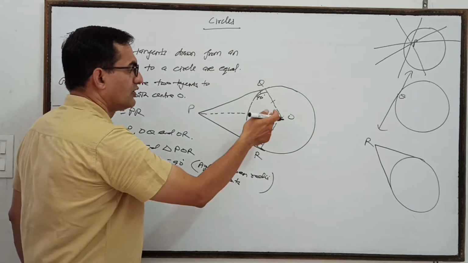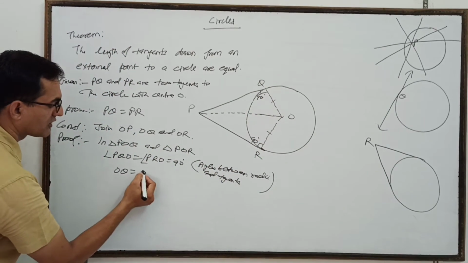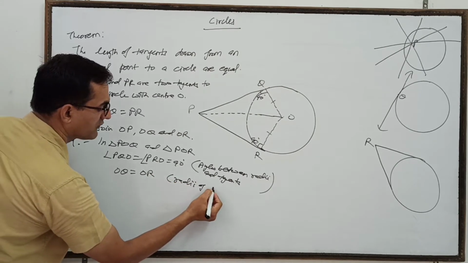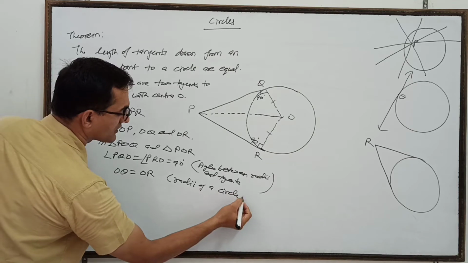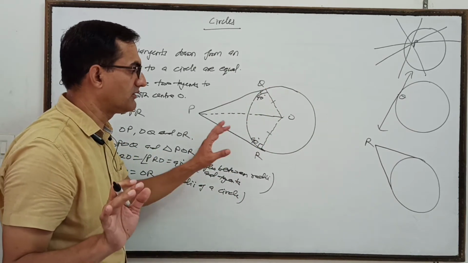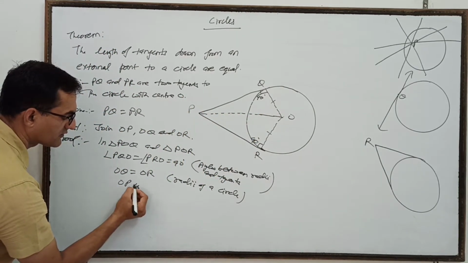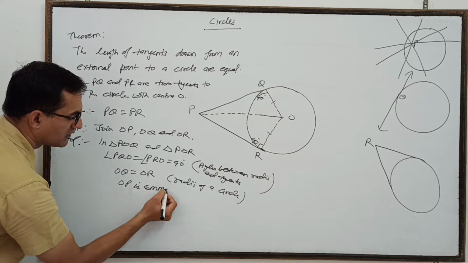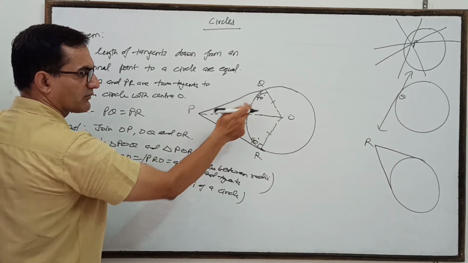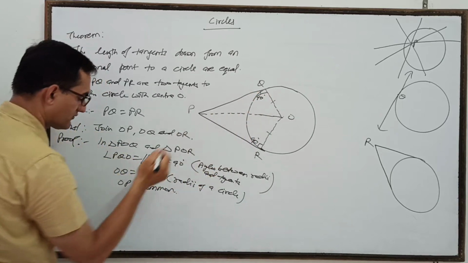Next is OQ is equal to OR. Reason: these are the radii of a circle, and therefore all the radii will be equal. And OP is common. Therefore these two triangles are congruent by RHS, right angle, hypotenuse, side.